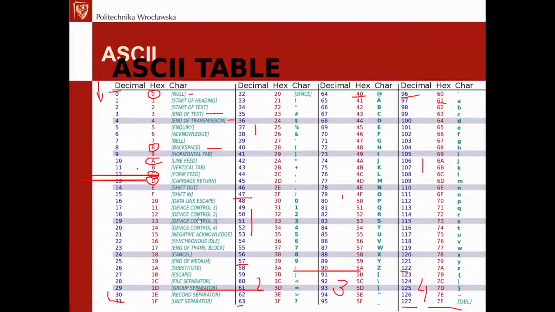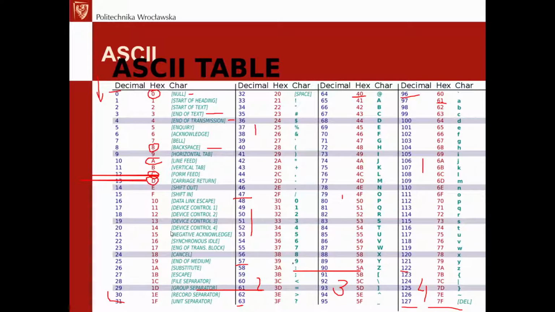We don't need them at this moment to analyze those tables. As you can see, the table is quite regular, and we are using it extensively within microcontrollers for various purposes, but mainly, of course, for coding signs, coding characters, coding text.